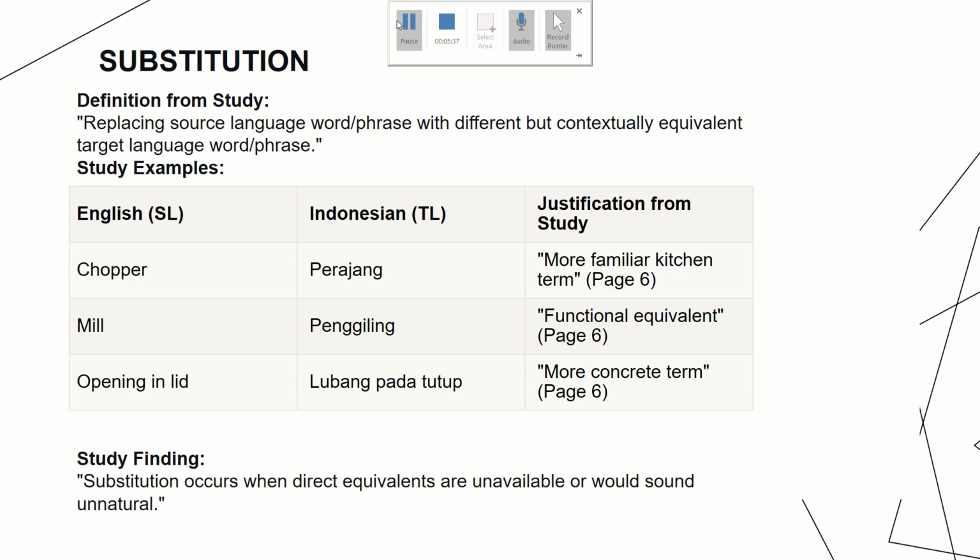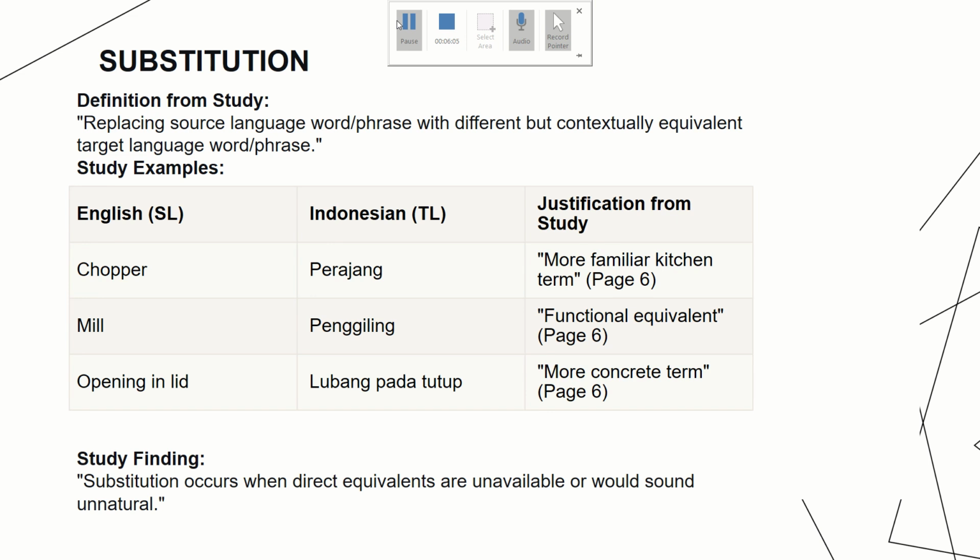Substitutions. Examples. So substitution means replacing a source language word or phrase with a different but contextually equivalent target language word or phrase. For example, chopper is translated as pencincang, a more familiar kitchen term in Indonesian.